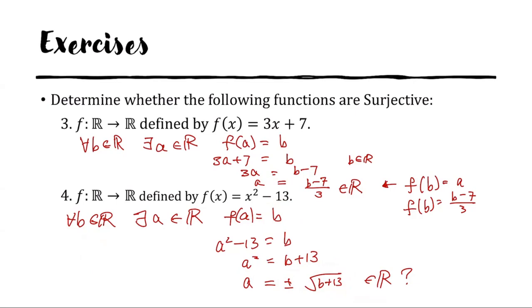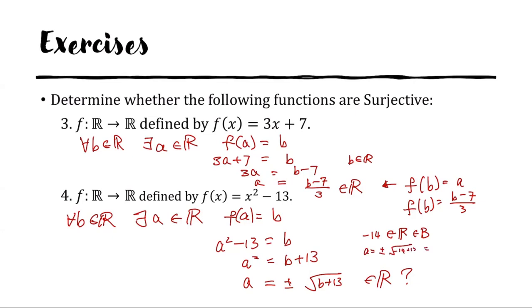Now I see people say when b is less than negative 13. So let's check. We have negative 14 belongs to the set of real numbers, which is our output set. Then to find a, a needs to equal plus or minus square root of negative 14 plus 13.